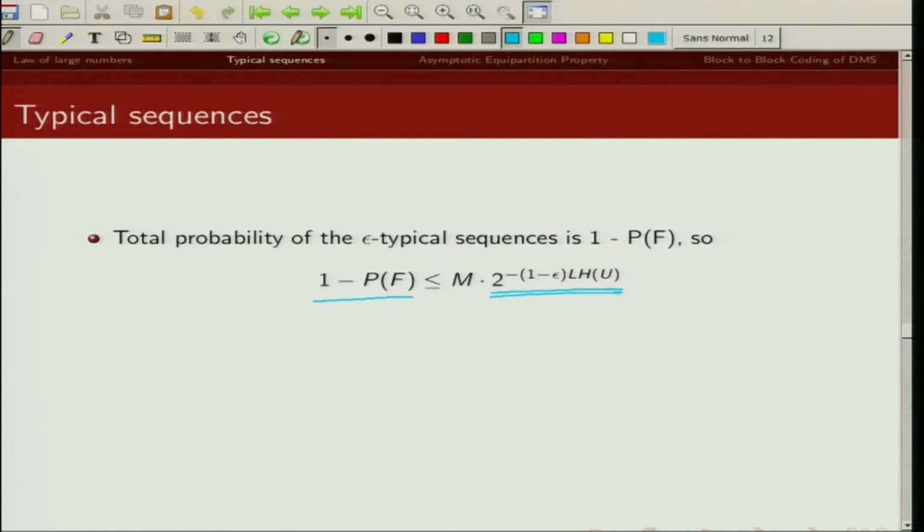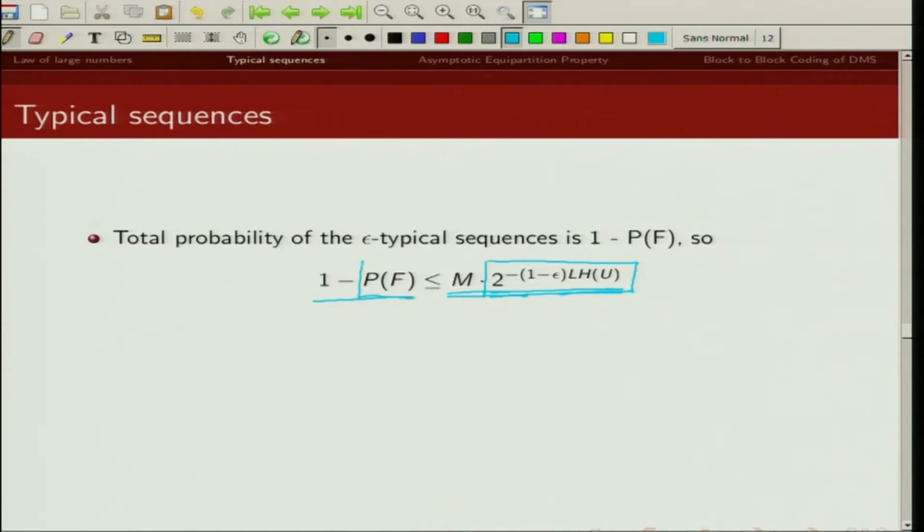M is the number of typical sequences, and this is the upper bound on the probability of occurrence of a typical sequence. This we get from property 1.